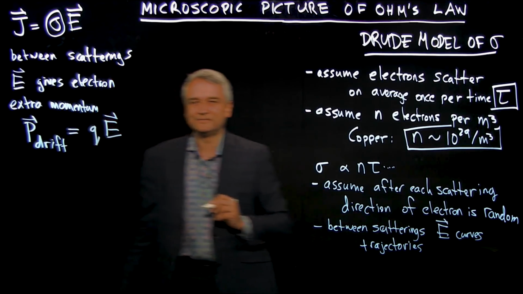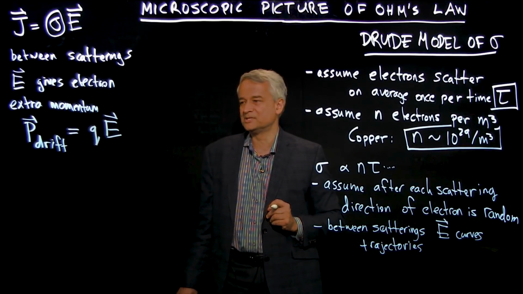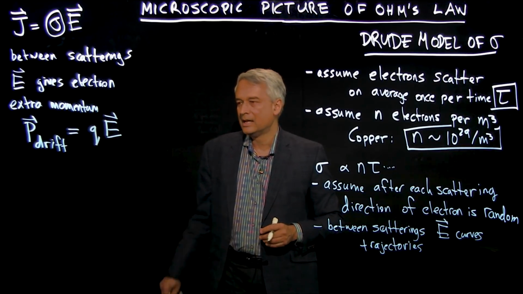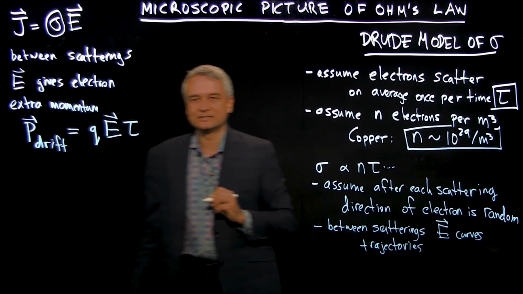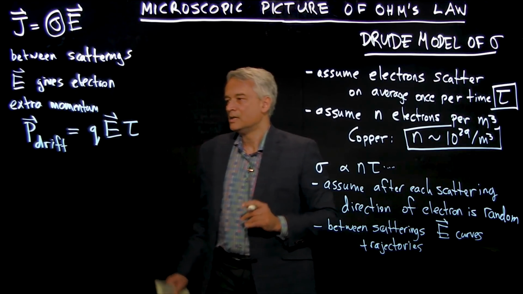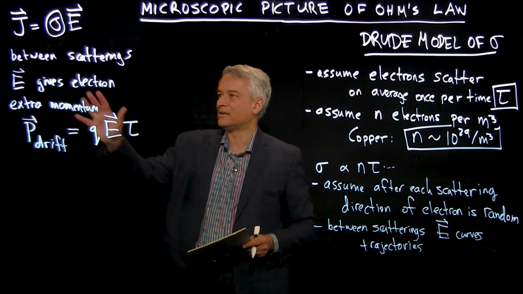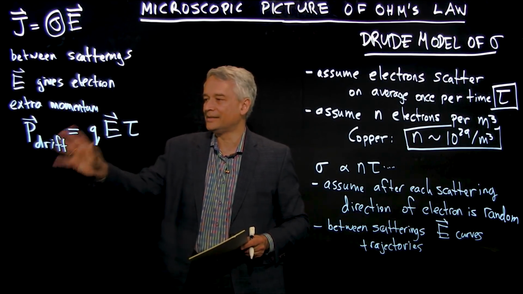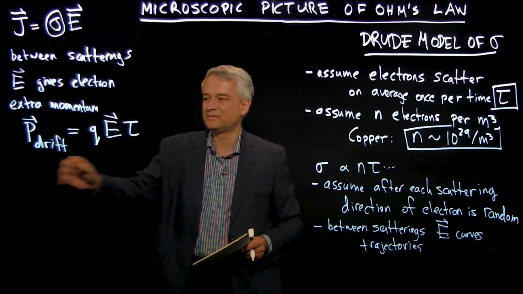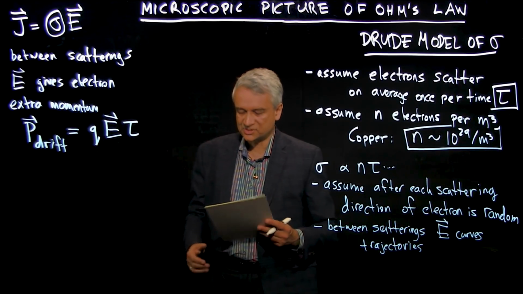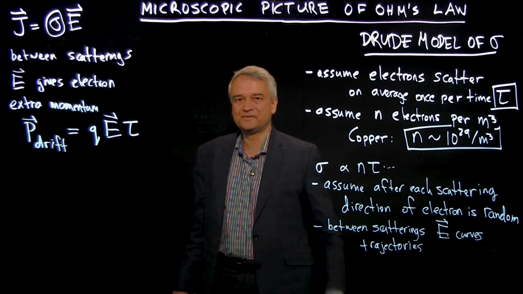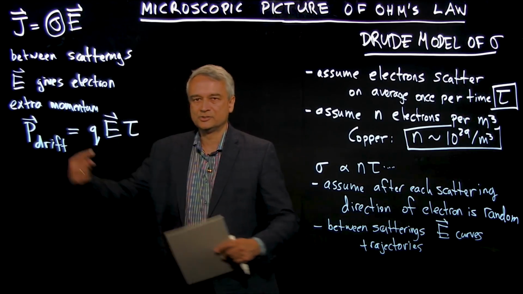Remember that Q is negative, so the force points in the opposite direction from the electric field. And the time over which this force acts between one scattering and the next is tau. So between one scattering and the next, the electric field gives each electron a little bit of extra momentum, P drift, which is Q times E times tau, and it's a momentum which points in the opposite direction from the electric field. So the electric field this way, the drift momentum that way.